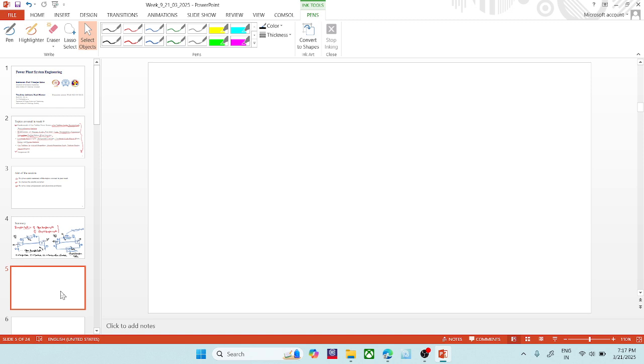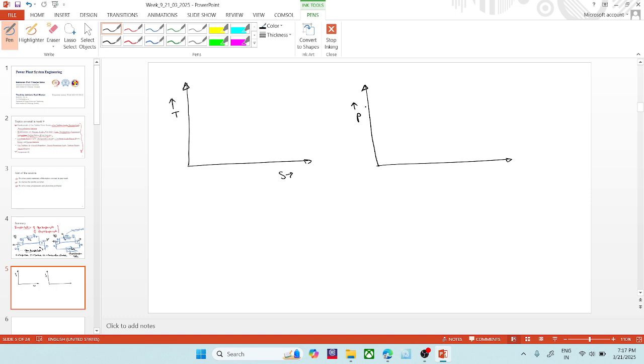So let me draw the same cycle in the TS and PV diagram. Let's suppose this is my TS plot, and this is the PV plot.